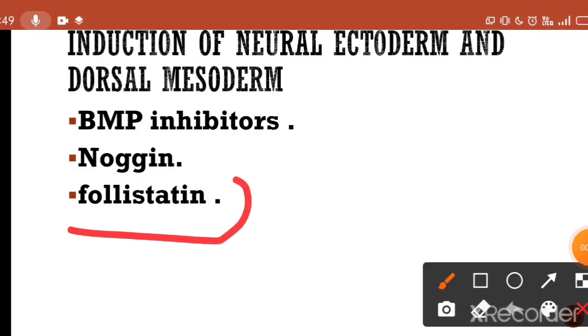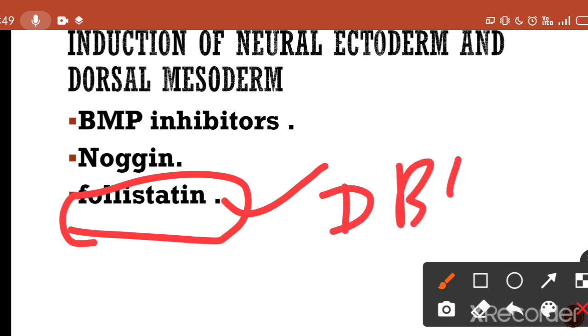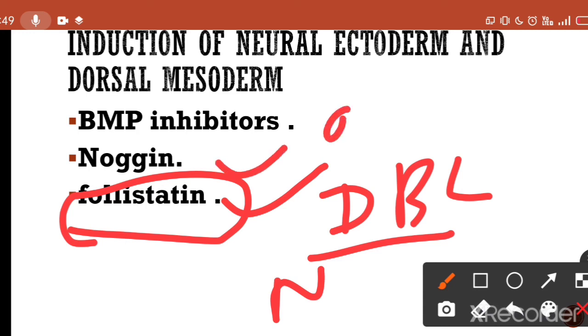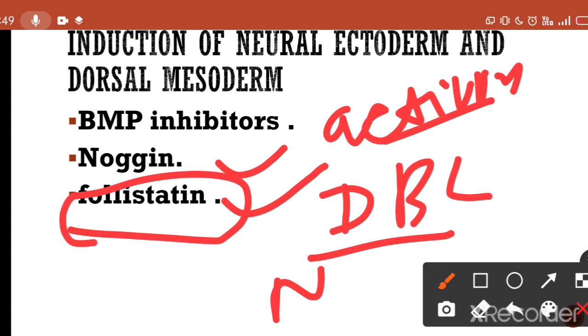The mRNA that codes for the third organizer secreted protein, follistatin, is transcribed in the dorsal blastopore lip and the notochord. Follistatin is an inhibitor of both activin and BMPs and causes ectoderm to become neural tissue.